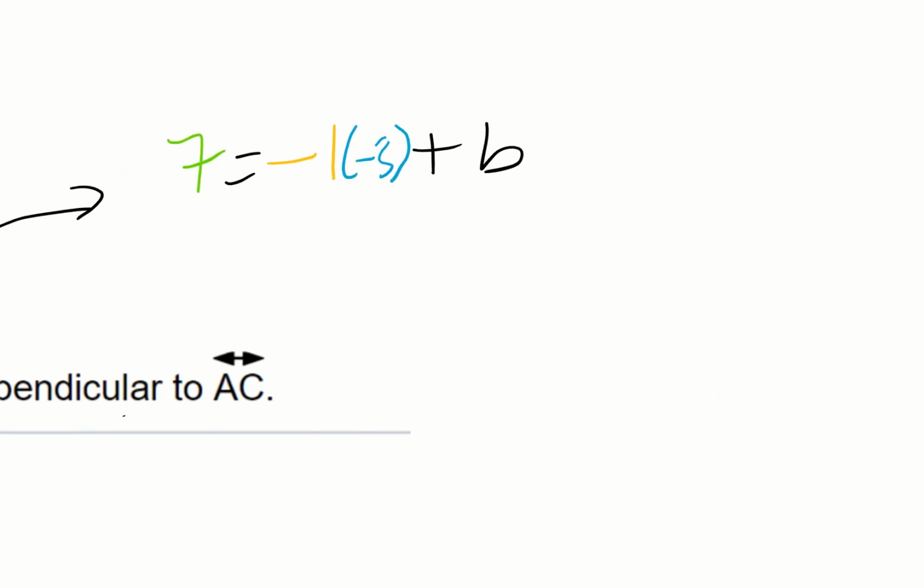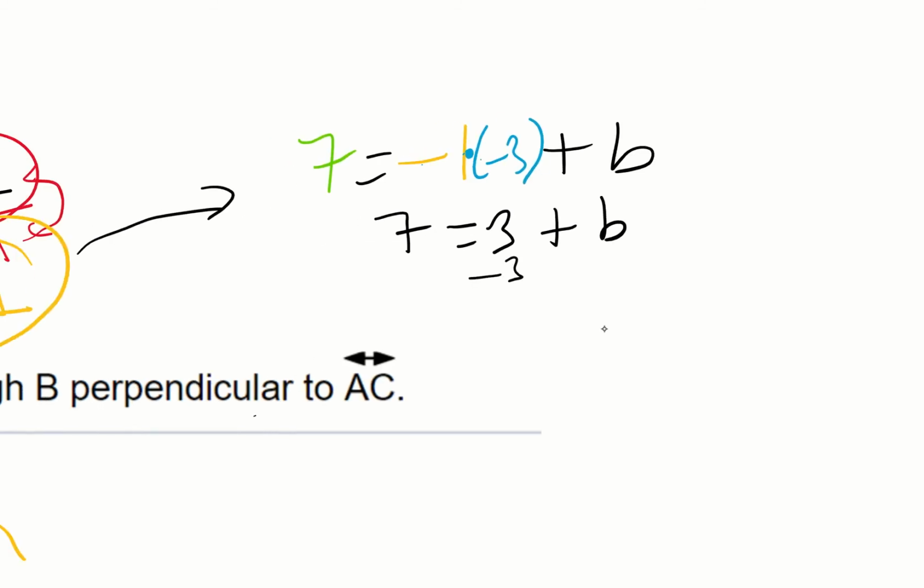Remember, this is multiplication, so you multiply negative 1 with negative 3. Negative 1 times negative 3 is positive 3. So we have positive 3 plus b equals 7. Subtract 3 on both sides, so b has to be 4. 3 plus 4 is 7. So 4 is equal to b.